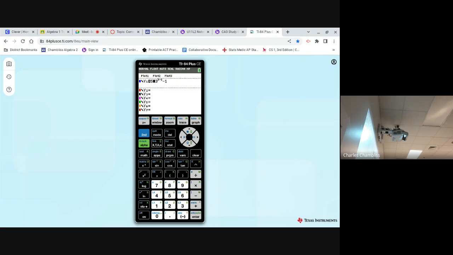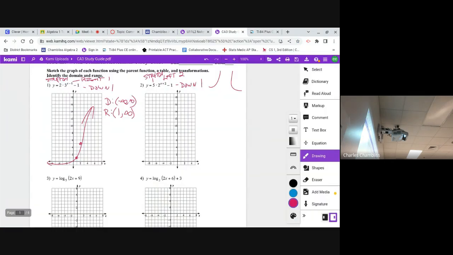Here I've got the 5, the base is 2, x plus 2, minus 1, I got, let's see, -2, 4, -1, 9 are a couple of good points. It's going to go down to -1 just like the other ones. So there's my graph. Domain, again, -infinity to infinity. Range from -1 to infinity. And oops, that other one, it should be -1.